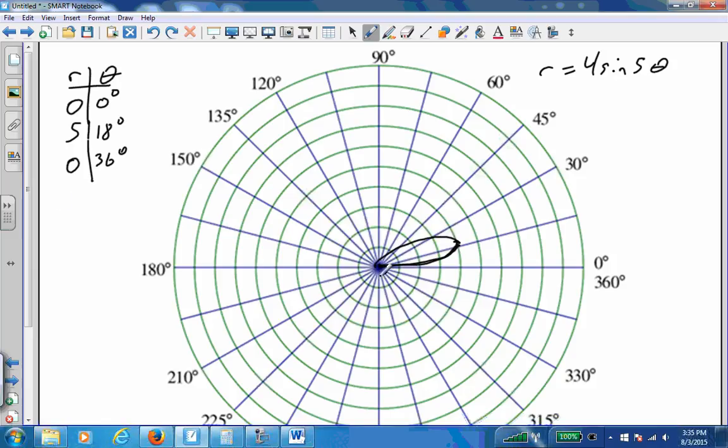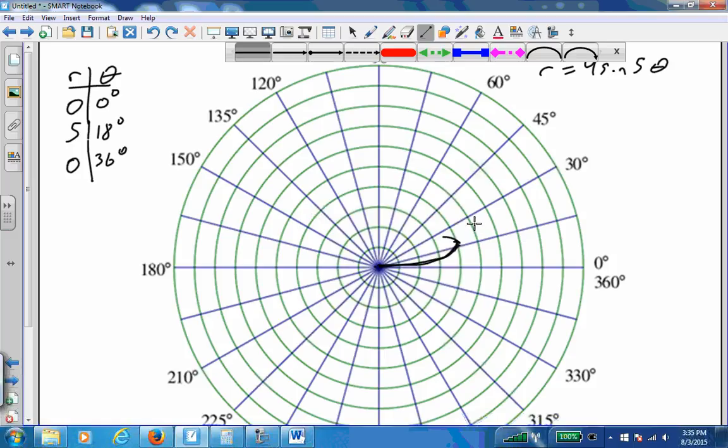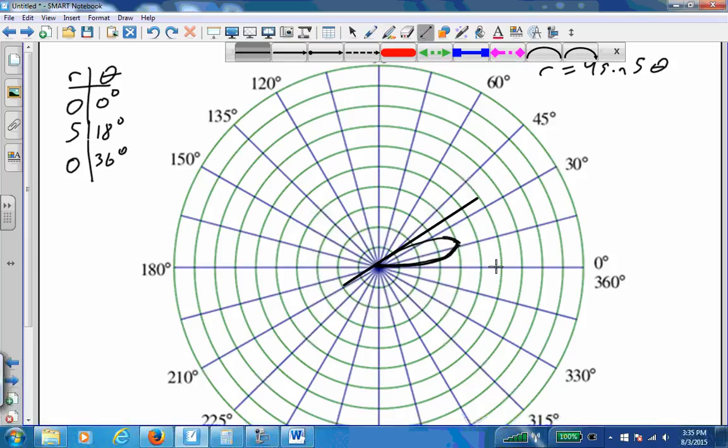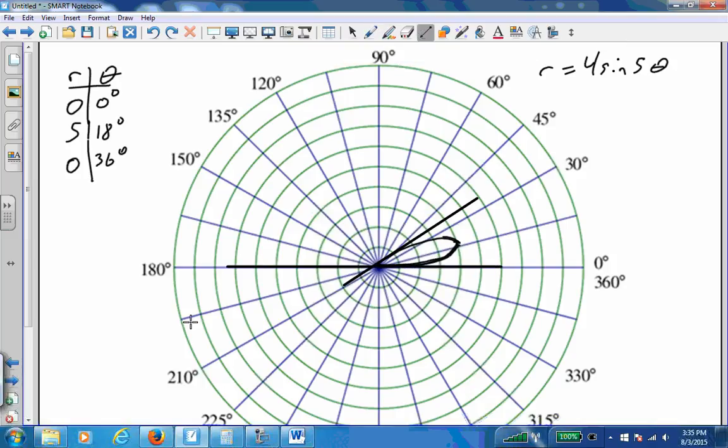So it takes 36 degrees to make each petal. So 36 degrees. We're actually going 0 to 36, not 0 to 72. Why are you doing that? Because we're wanting to find the area of that petal.